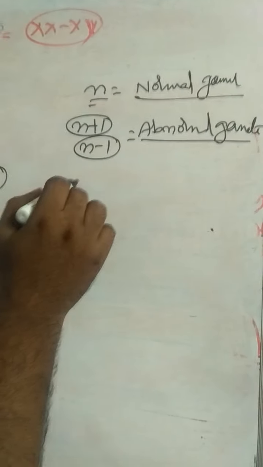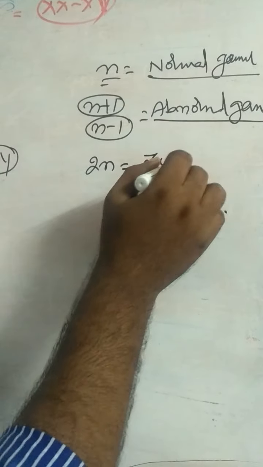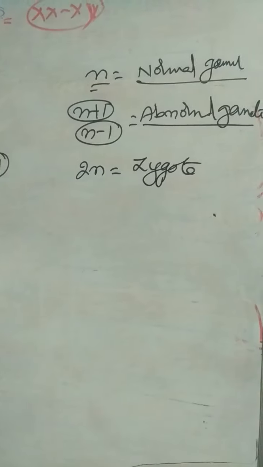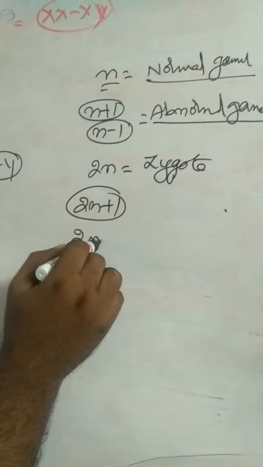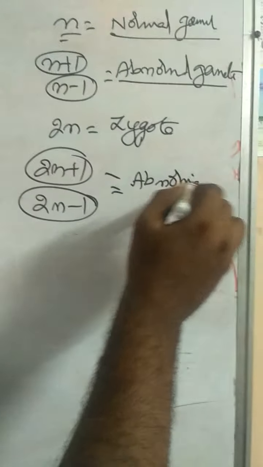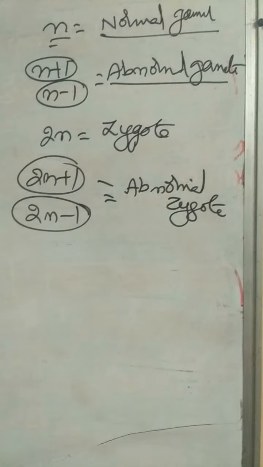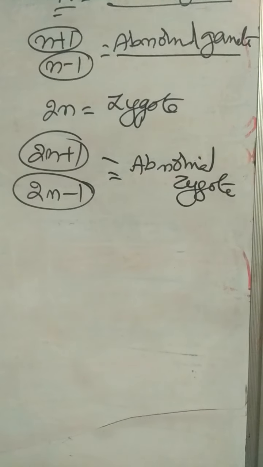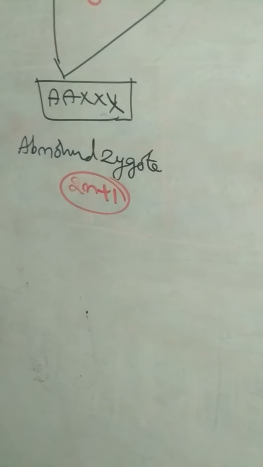And next, 2N is the formula for a zygote. A normal zygote is equal to 2N. 2N plus 1 or 2N minus 1 are the abnormal zygotes. So this is an abnormal zygote, 2N plus 1.